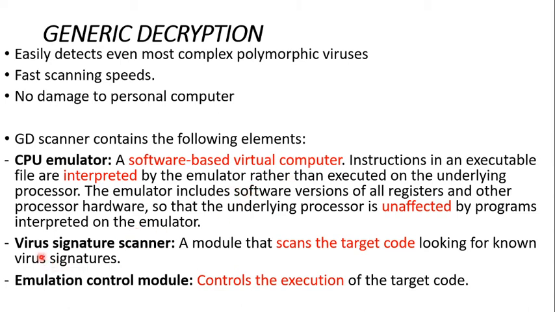Then what about the virus signature scanner? It is the same way I described in the previous generations. This is the one which scans the target code by knowing the virus signature.